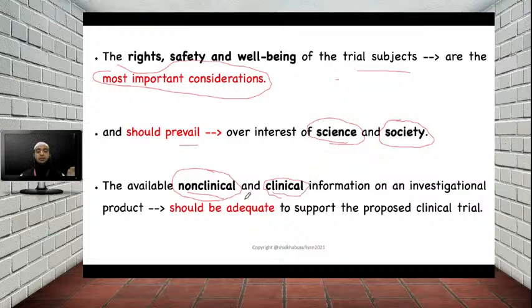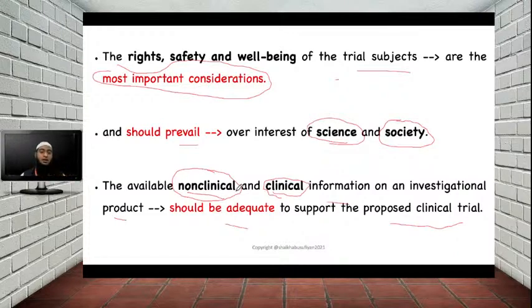Okay, so the available non-clinical and clinical information on the investigational product should be adequate and sufficient to support the proposed clinical trial. Now if you feel that the non-clinical or clinical data available till date, when the proposal was submitted for approval, is not sufficient, then the ethical committee members or the regulatory authority can ask for additional non-clinical or clinical studies before permitting the investigator to start the clinical trial from phase 1 to phase 3.